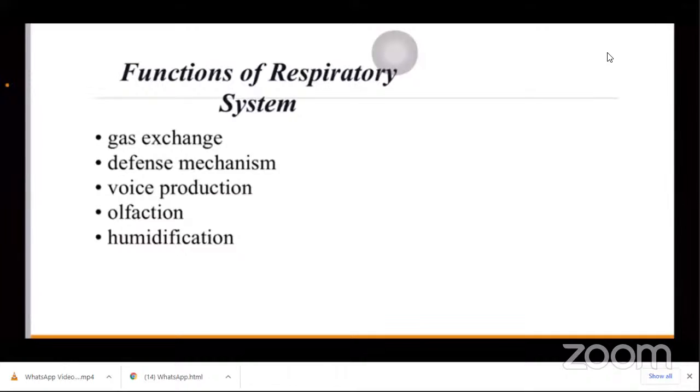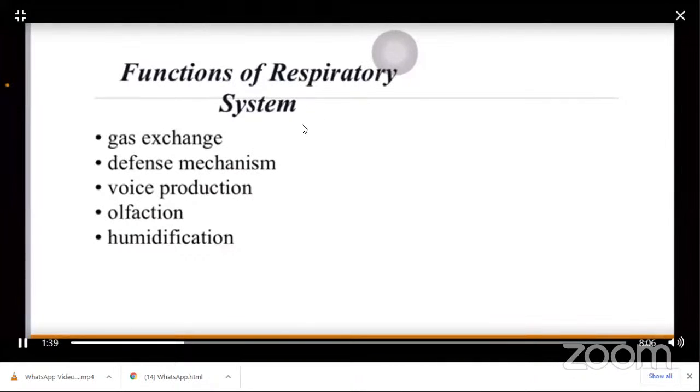The third function is voice production. Here the larynx, as we all know, is a sound box or voice box where the phonation takes place with the help of the tongue. The fourth function is olfaction, that is the sense of smell.